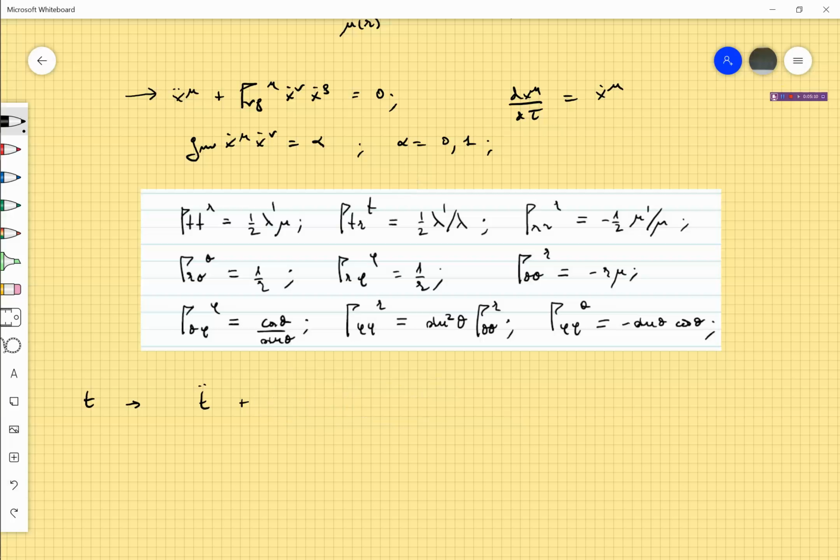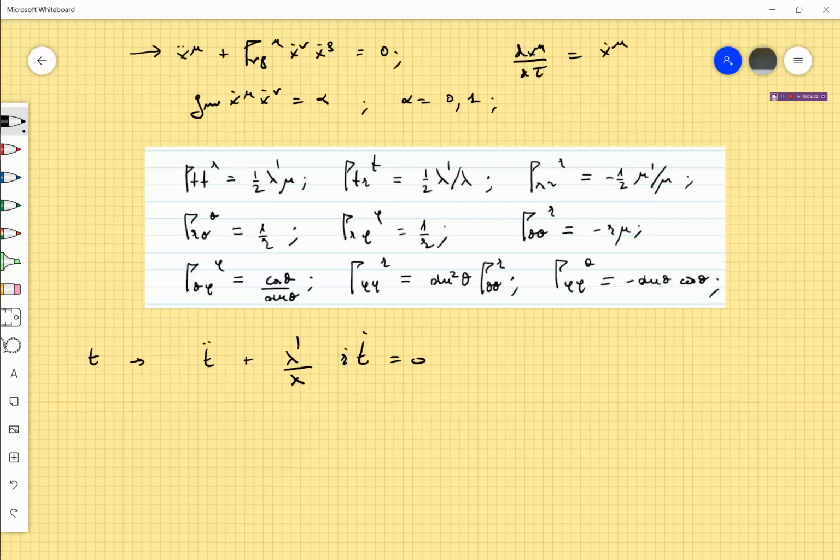So really what I have here could be this. And now the value of this component of the Christoffel symbols is 1/2 lambda prime over lambda, which with the factor 2 gives me this. It is understood that the prime in lambda and mu is a derivative with respect to r, because these are functions only of r.